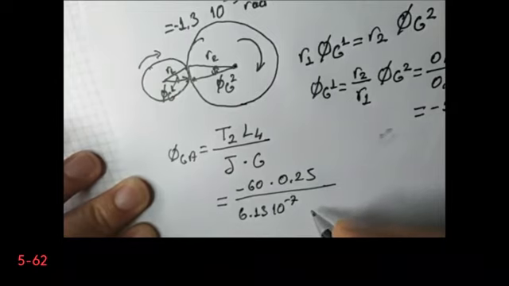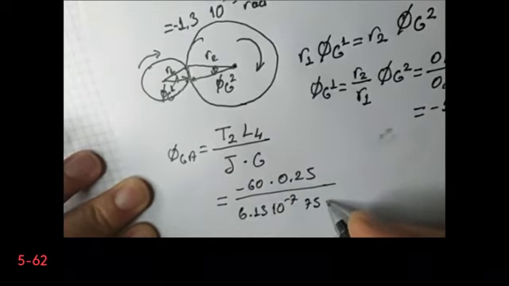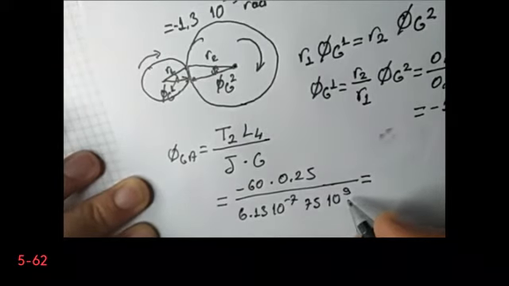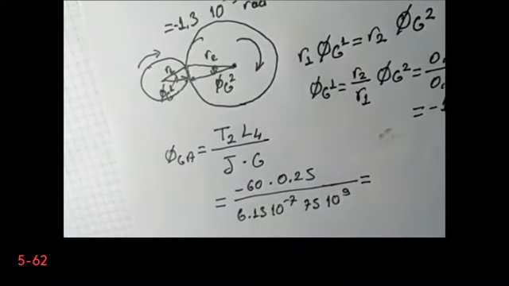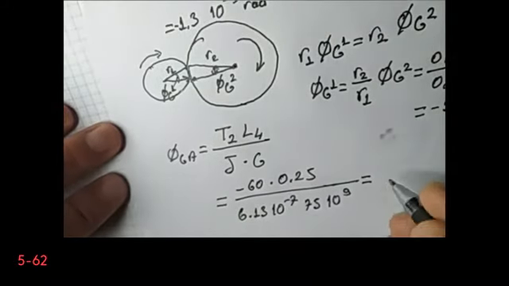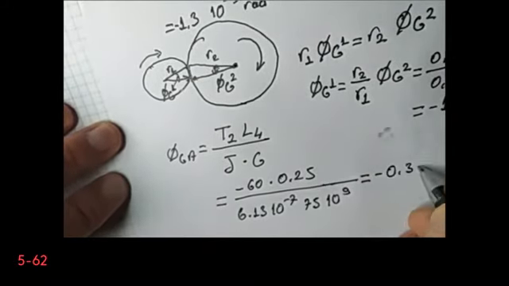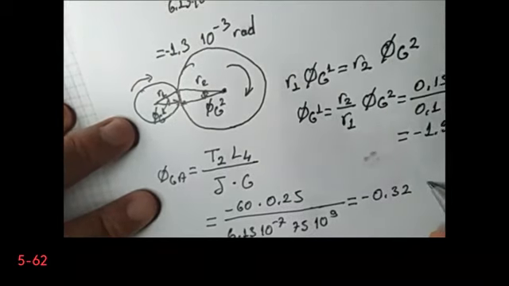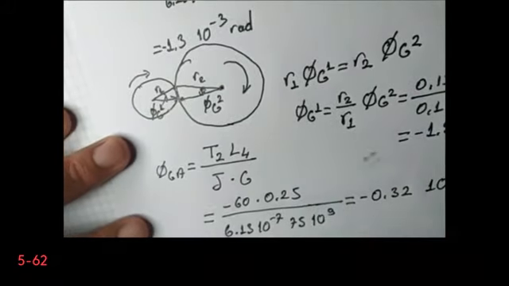And shear modulus is 75, 10 to the power 9. Now, if you do the calculation, what you are going to get is minus 0.32, 10 to the power minus 3 radians.